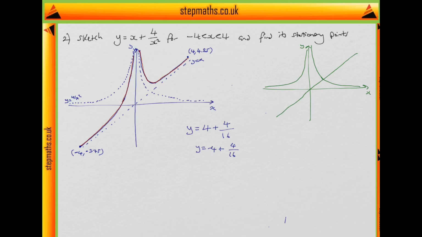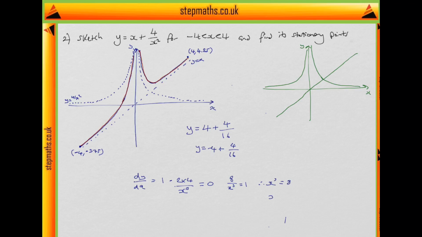And then we're asked to find the stationary point. Well, we know how to do that. Let's just find the derivative. So dy by dx is equal to the derivative of x, which is 1, plus the derivative of 4 over x squared, which is minus 2 times 4 over x cubed. So when that's 0, we get that 8 over x cubed equals 1, or x cubed equals 8.